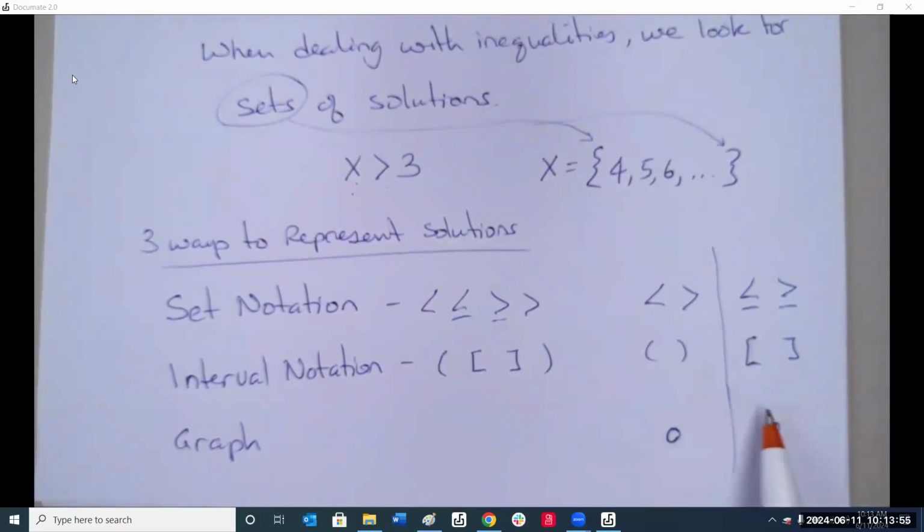So what's the difference between this set and this set?